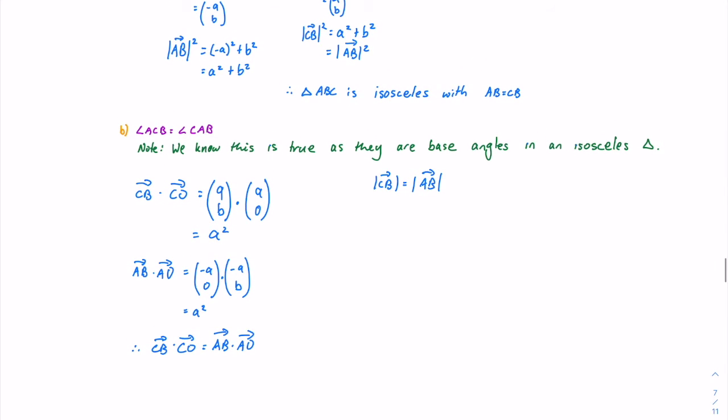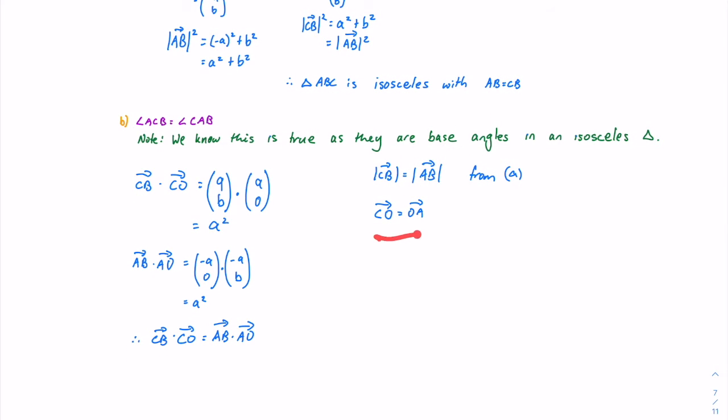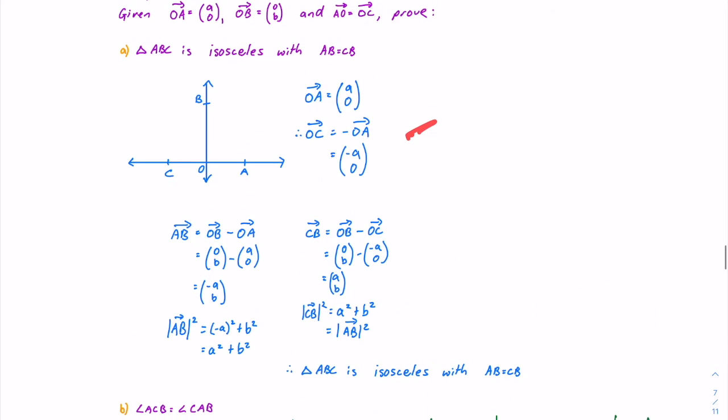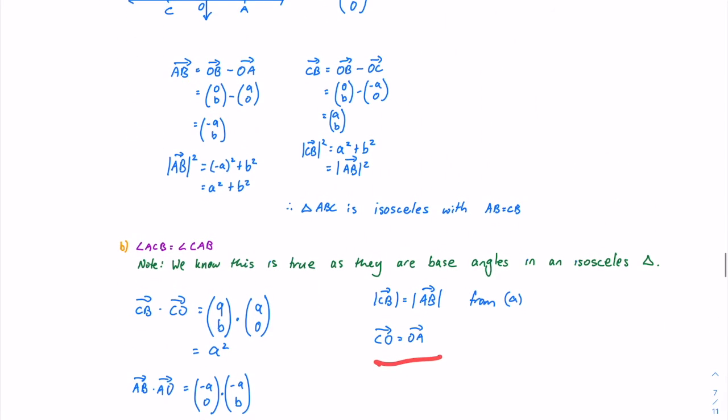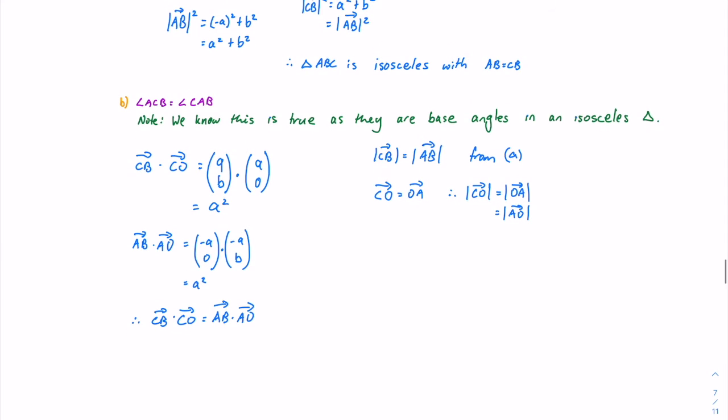So we know the magnitude of CB is equal to the magnitude of AB, and that was from part A. So we know that CO is equal to OA. We said that up here. Okay, that was given originally. So therefore we know that the magnitude of CO equals the magnitude of OA, which, it doesn't matter which way round it's written, is also equal to the magnitude of AO, because a magnitude doesn't have direction.